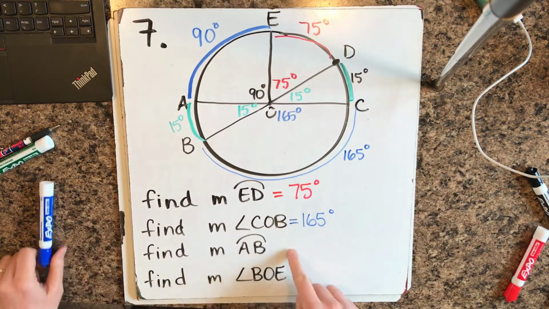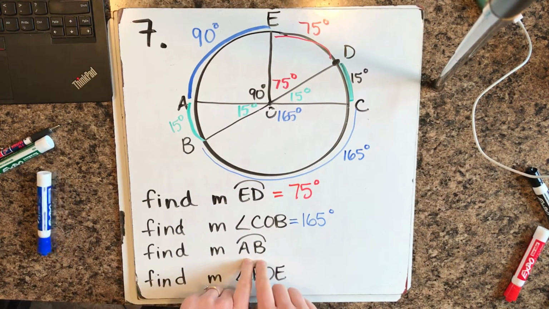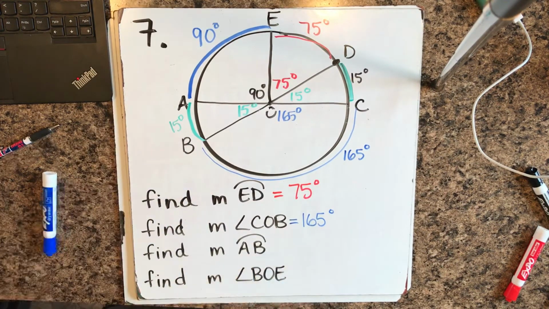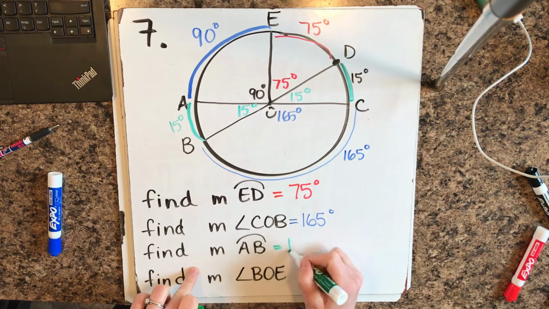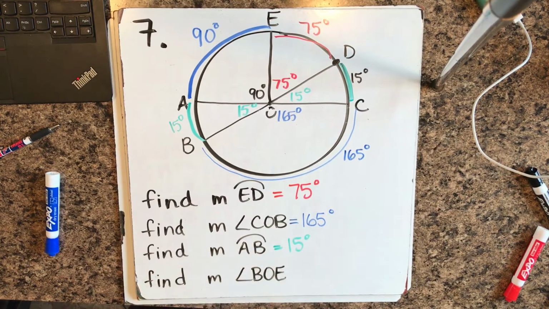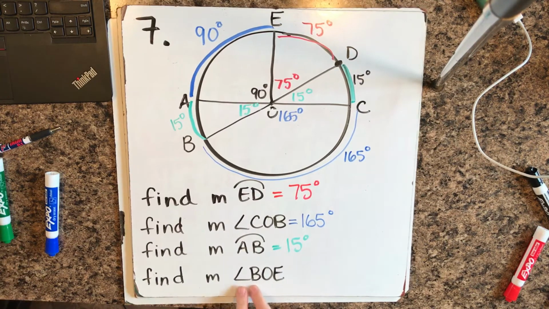Measure of arc AB. That's a short arc again, or a minor arc. A to B. Oh, it's very short. It's only 15 degrees. And then this one again is talking about an angle. Angle BOE.